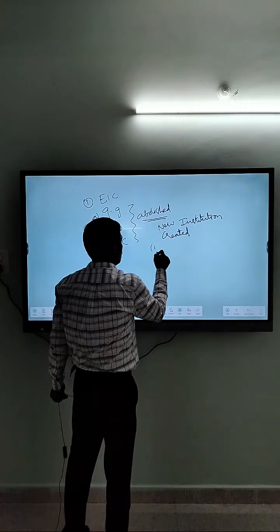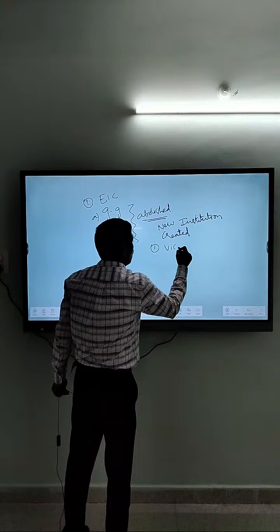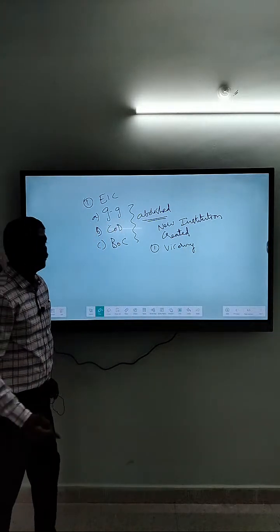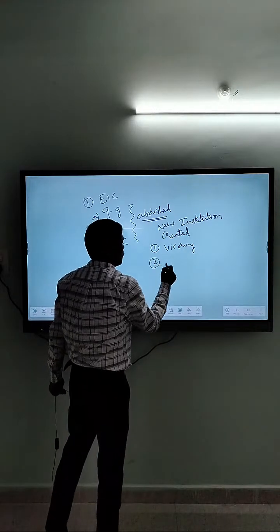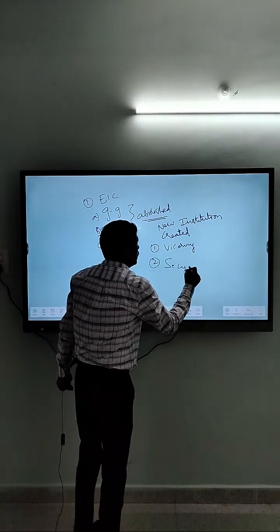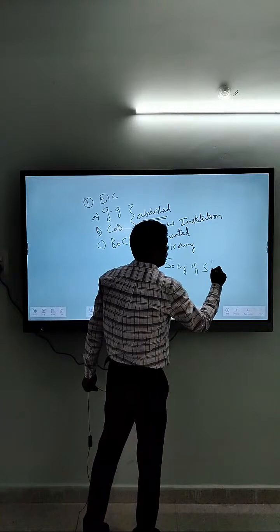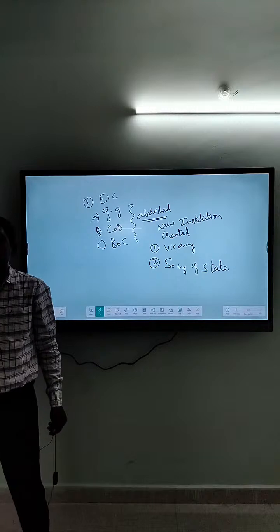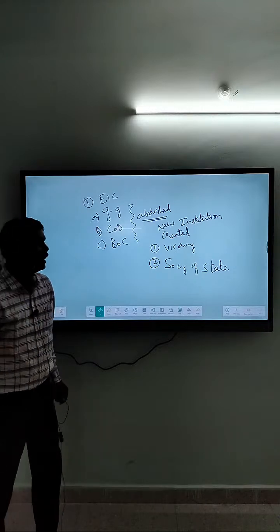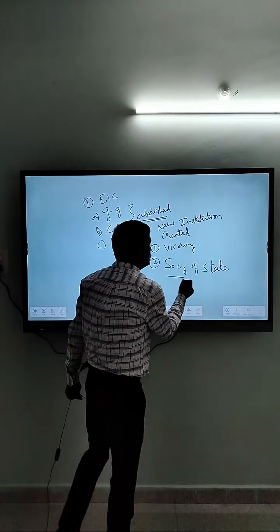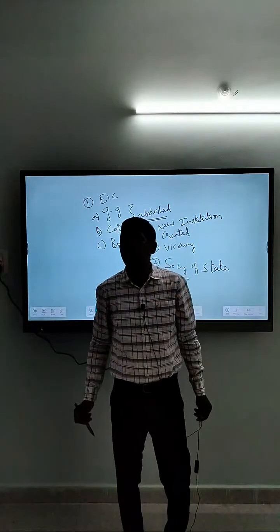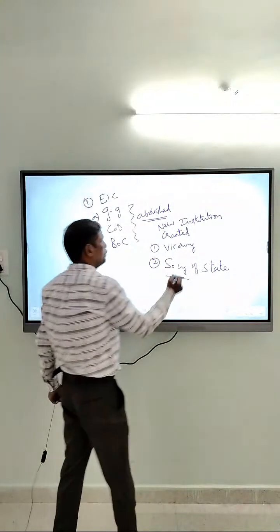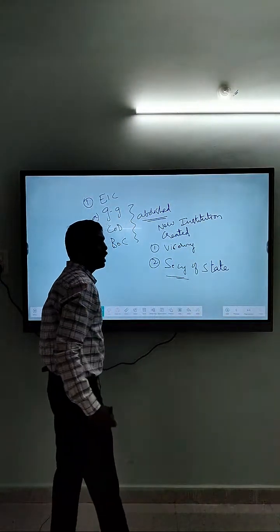One is Viceroy. Second is Secretary of State. So these are the new institutions that have come up.